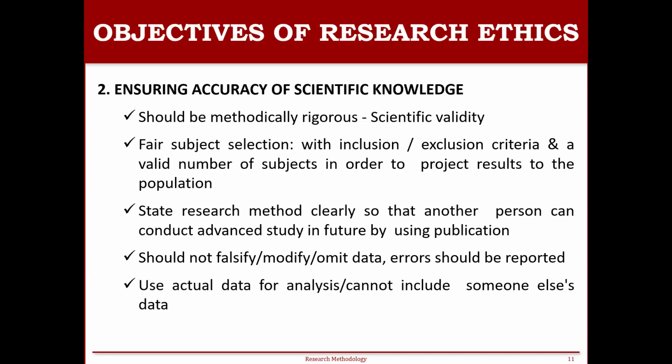Reviewers and individuals should independently assess your publications before they accept them for publication, to make sure that the study is fair and free from bias. Someone else who is not taking part in your study should independently review it.